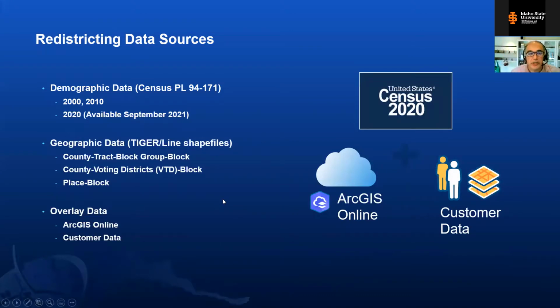So redistricting data sources, let's start there. Of course, after the decennial census, last year's census, the Census Bureau is responsible for turning out all of that data. A subset of that data is what's known as the redistricting data, often referred to as the PL 94-171 data. You'll find that reference in a lot of the materials.